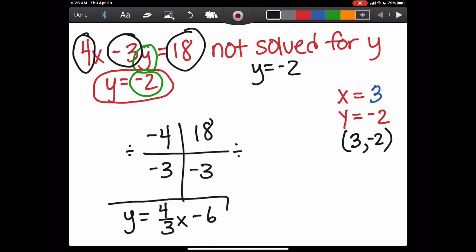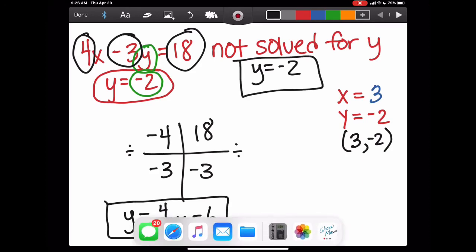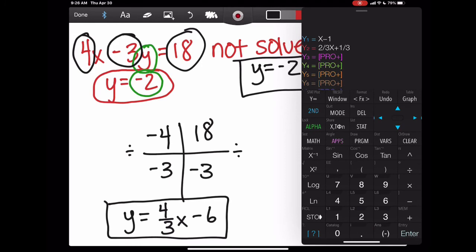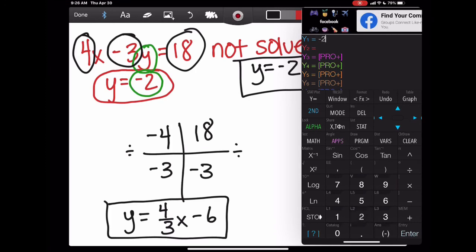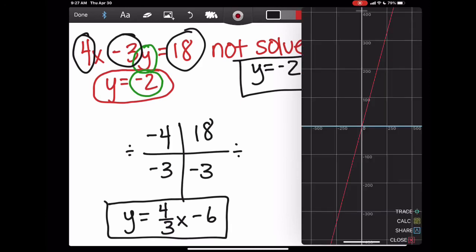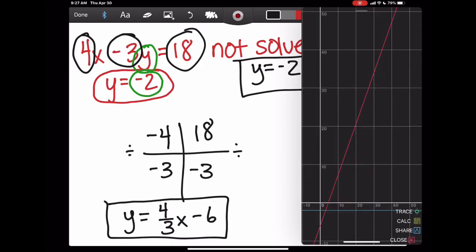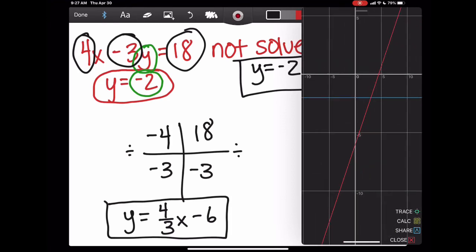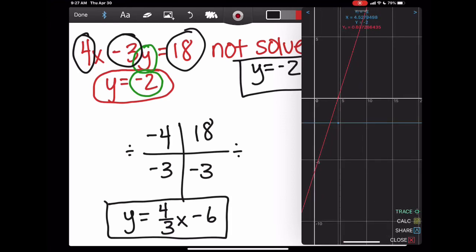So now I have two equations. Let's go to my calculator now. Y is going to be equal to, let's clear these out. Y1, I can just put negative 2. Y2, I can put 4 divided by 3 x minus 6. Graph. Zoom in. You can hit trace. Let's see where the red and the blue cross.